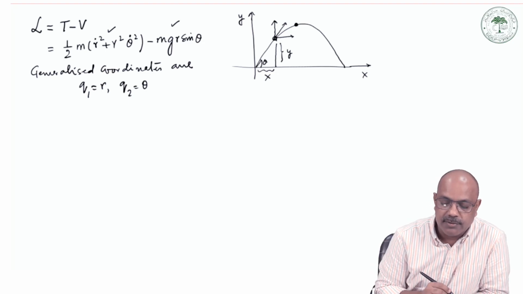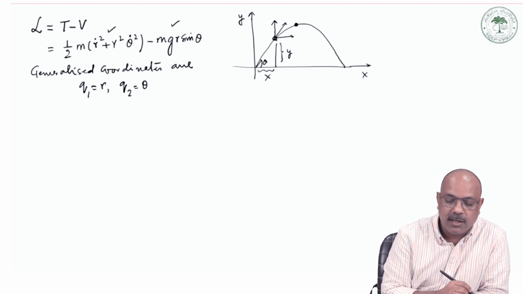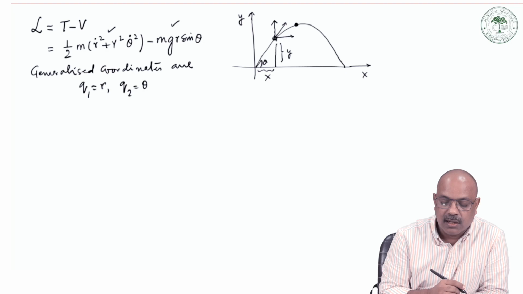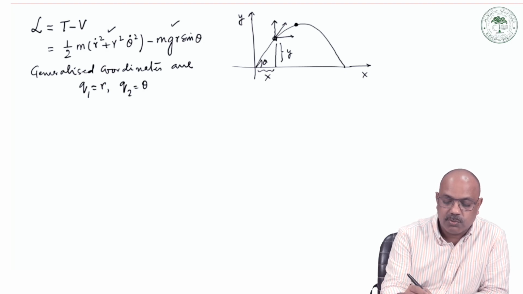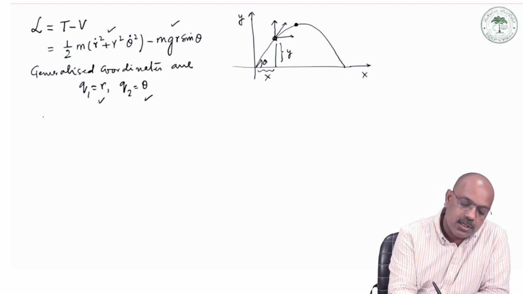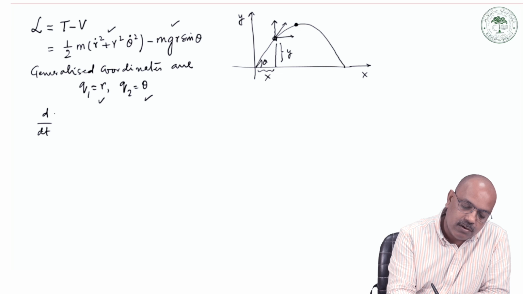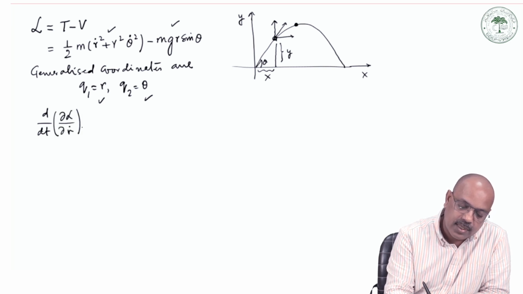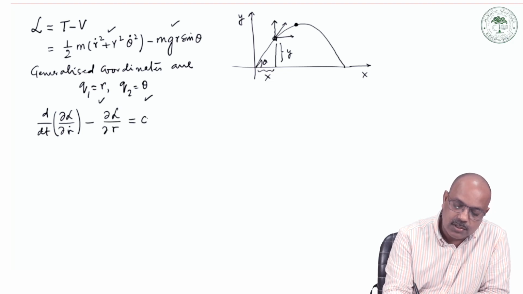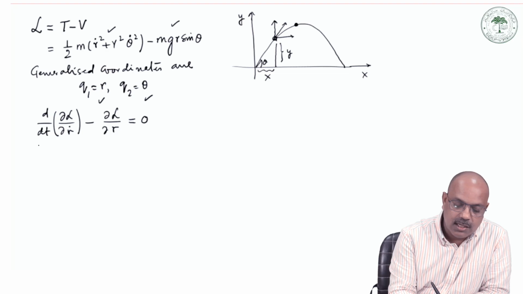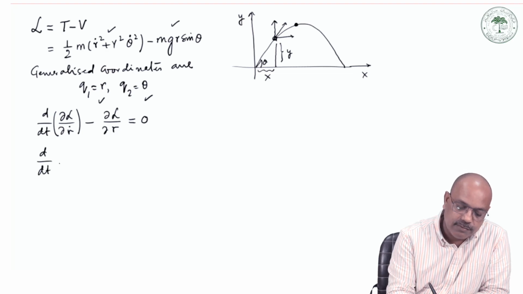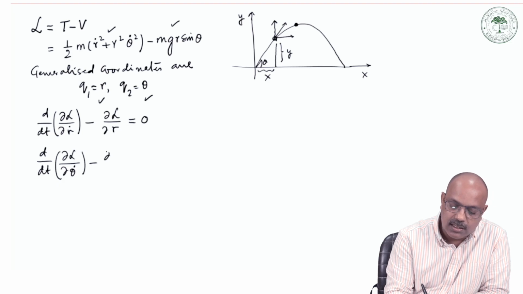We have already discussed this, and then we calculated the two Lagrange equations of motion corresponding to r and corresponding to theta. That was d dt of delta L by delta r dot minus delta L by delta r equal to 0. This was one, and the second was d dt of delta L by delta theta dot minus delta L by delta theta equal to 0.